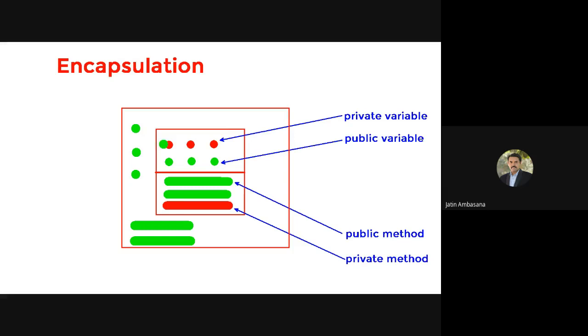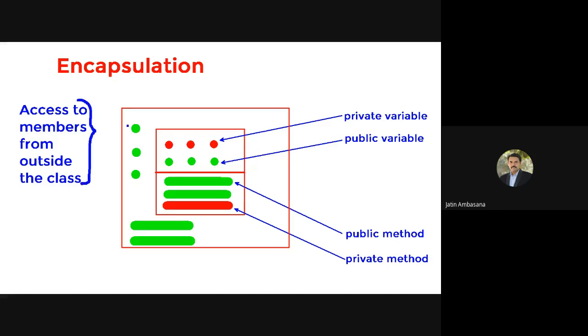Okay, and these private variables and private methods do not come in that scope. Okay, so if you want to give direct access to members from outside the class, this kind of access is possible in this region.